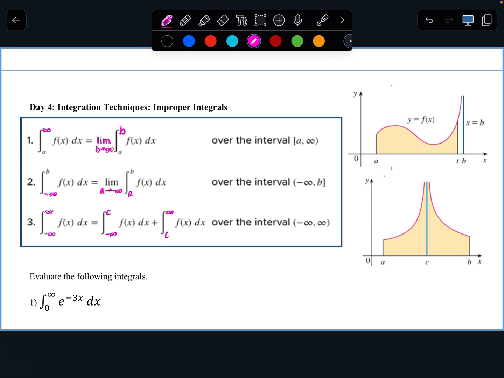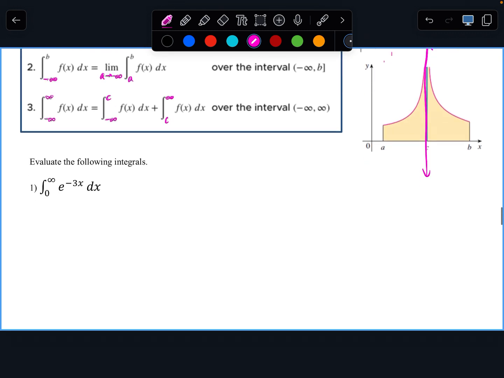Okay, so that's an example where you're integrating, but the asymptote's in between your infinite graph, basically. So it's really not too different from the way we solve a lot of these.